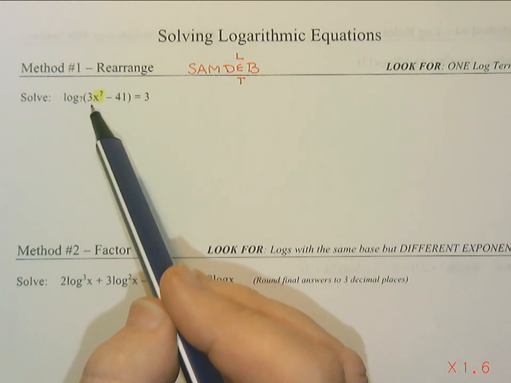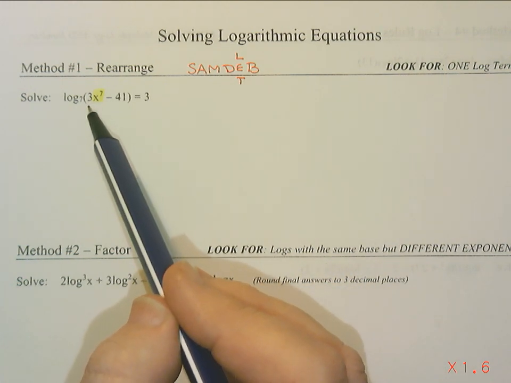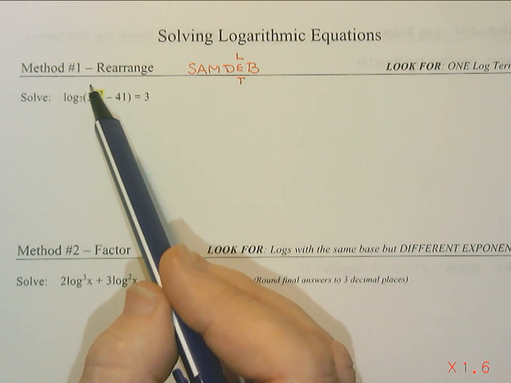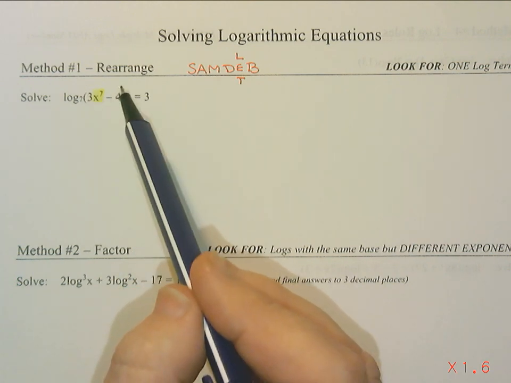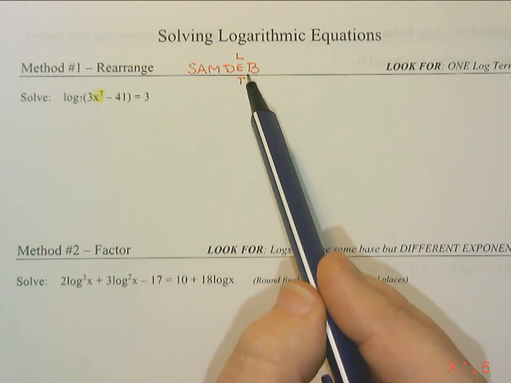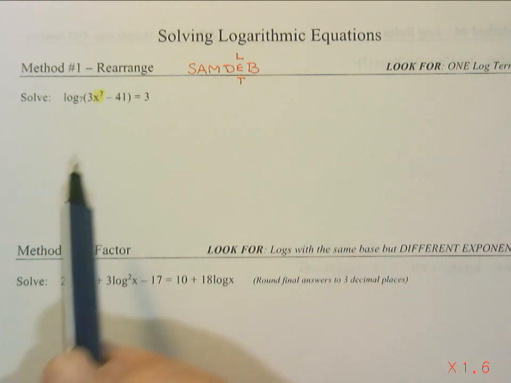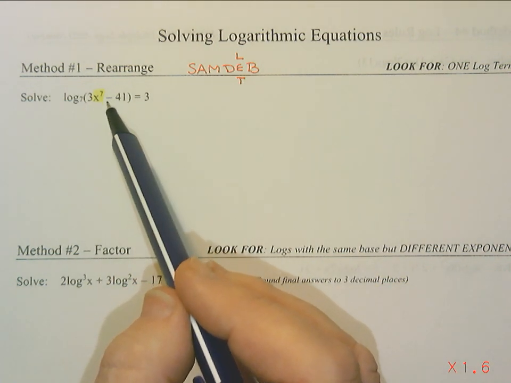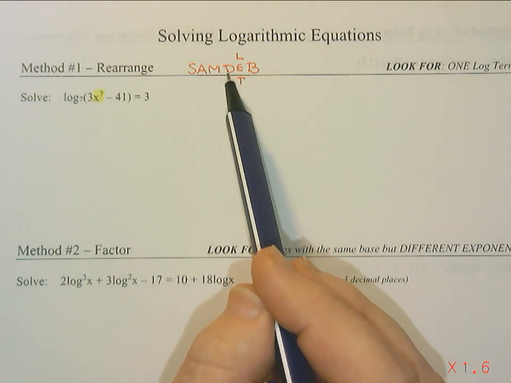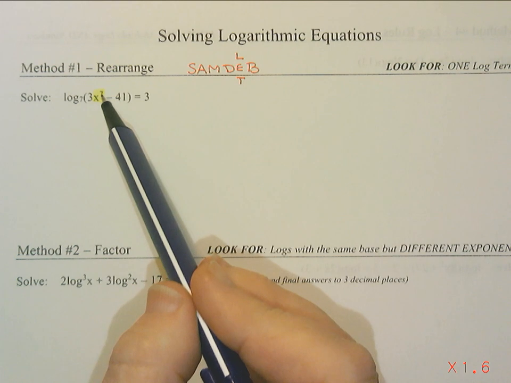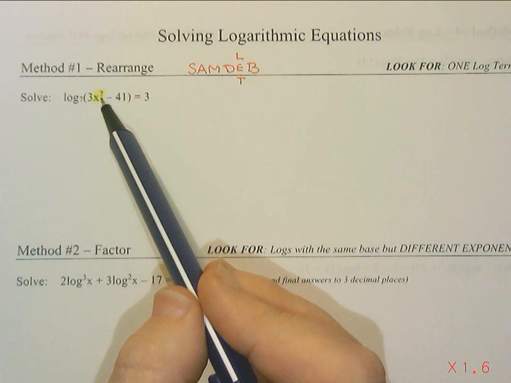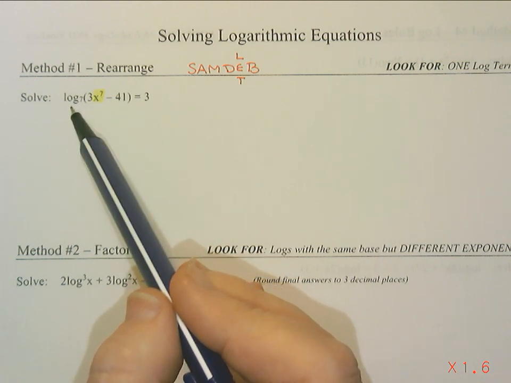Do I have any multiplication or division? Yes, I do. We are multiplying by 3. However, it is also inside that bracket, which is the argument on the log, so I can't access it yet. That leaves me with the power of 7, which is my exponent, and that also is inside that bracket. So the only thing that is not inside that bracket is the log.